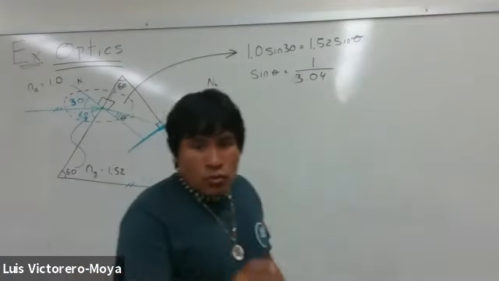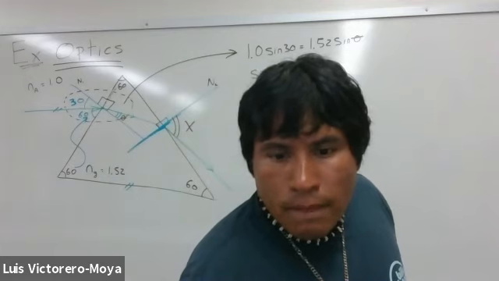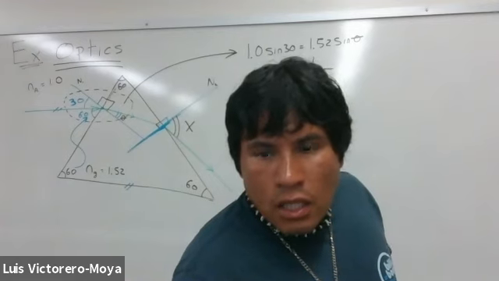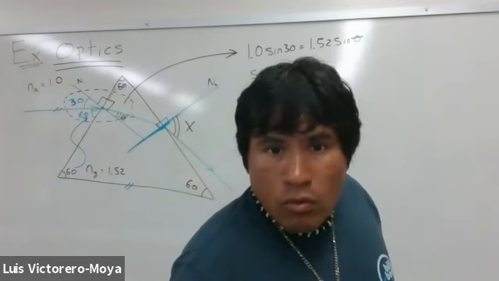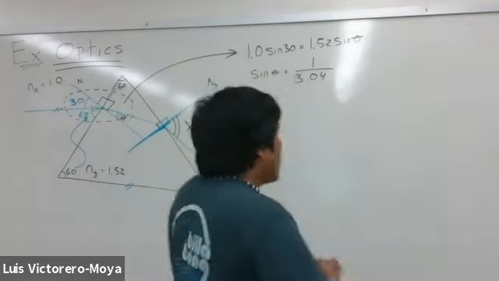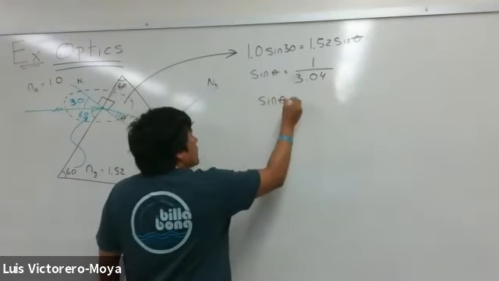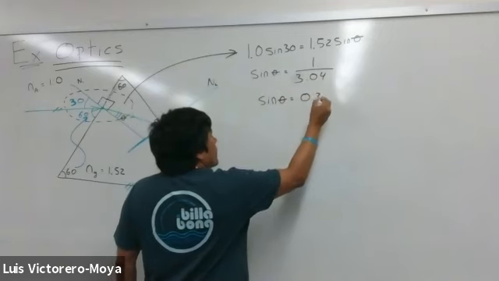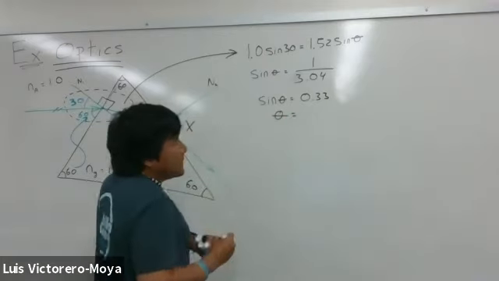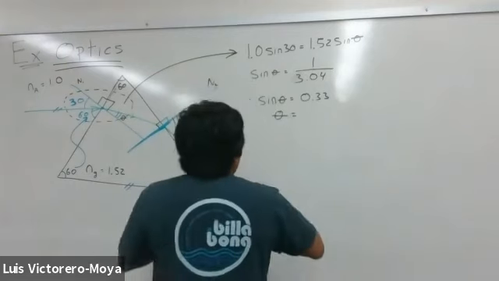So I then use my calculator, right? Oh, it's incorrect. That's good. And then I have 0.33 for this angle. So my angle inside the glass, the angle of refraction inside the glass, is 19.2 degrees.